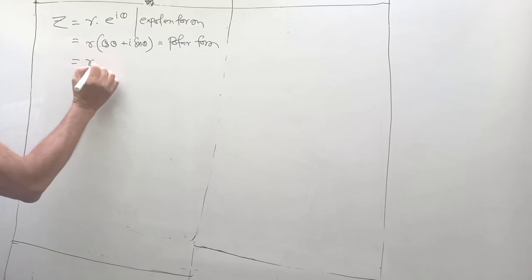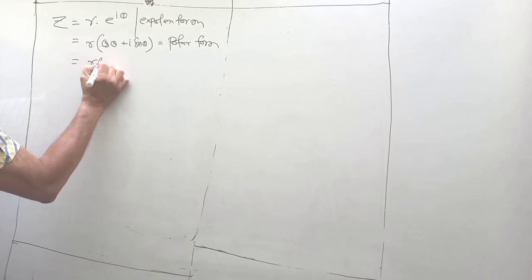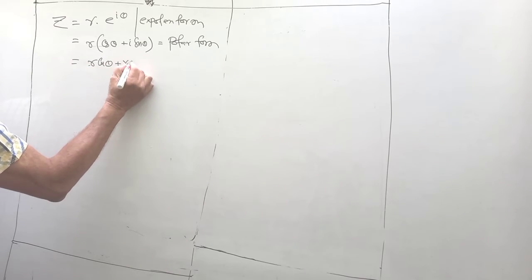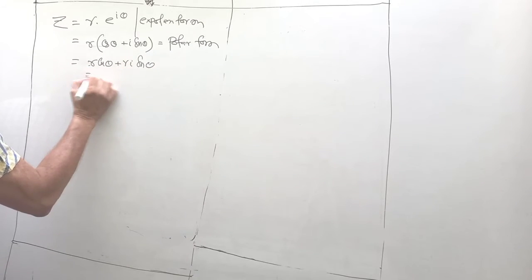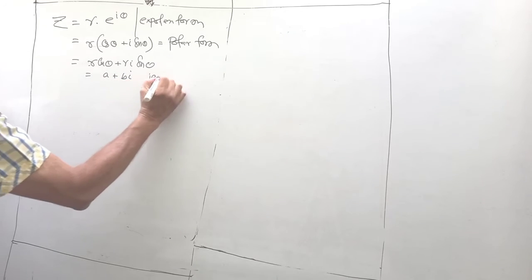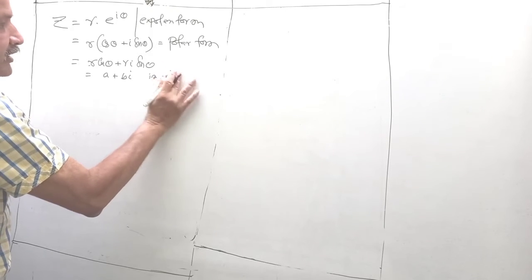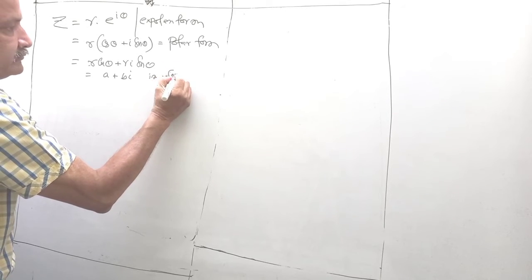Also, we can say r cos theta plus i r sin theta equal to a plus bi in the polar coordinate system, in the complex coordinate system.